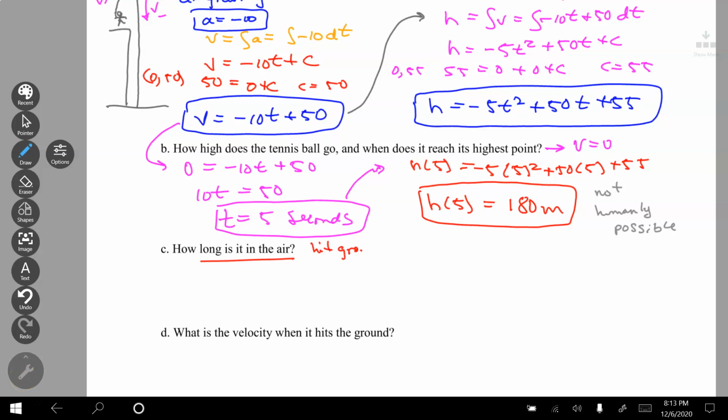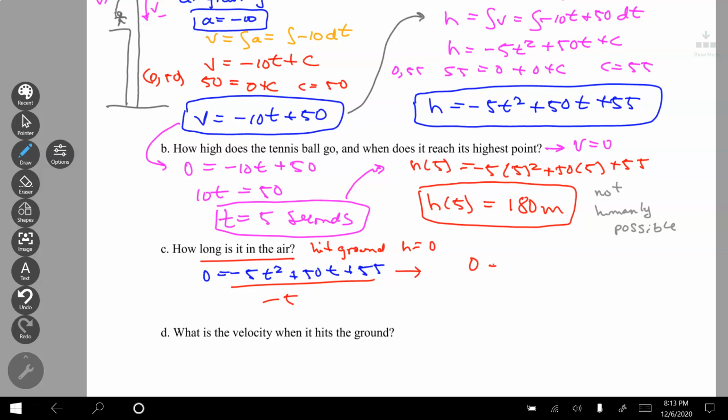So now the question is, how long is it in the air, or how long does it take to hit the ground? Well, when it hits the ground, h is equal to 0, so I'm going to take my height equation: 0 equals negative 5t squared plus 50t plus 55. I'm going to solve for t. I don't like all these numbers, so I'm going to divide by negative 5.